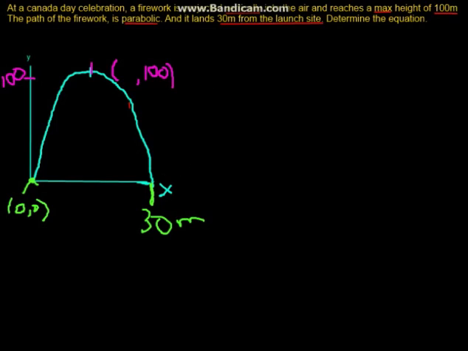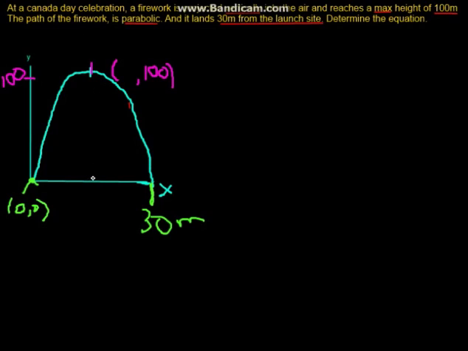Okay, so we have some key details right here. In terms of the graph, we can find this x coordinate using this 30, because what's half of 30? Half of 30 is 15, which is the middle, which matches up with the maximum height of the launch.